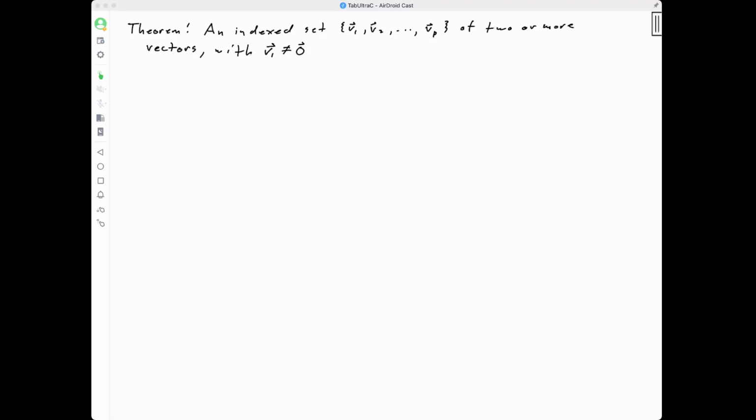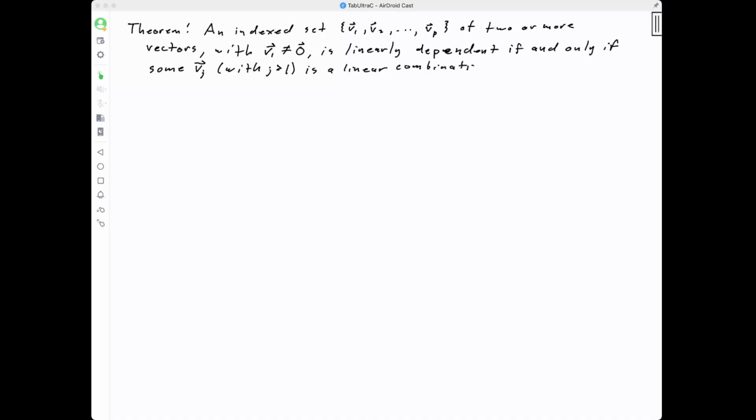We say this is linearly dependent if and only if some vector Vj with j greater than 1 is a linear combination of the preceding vectors.